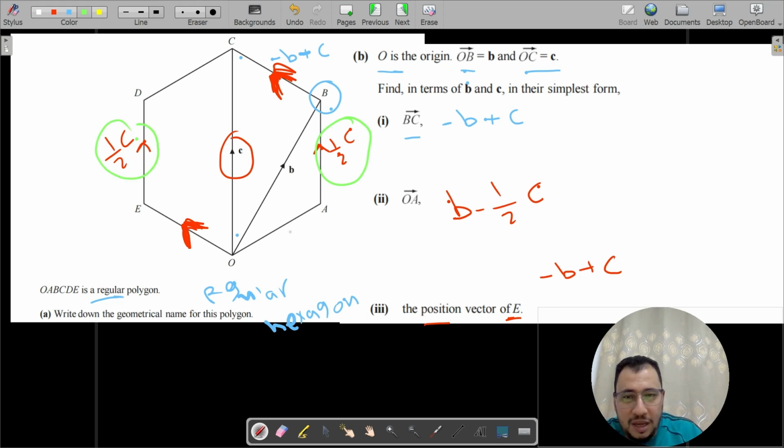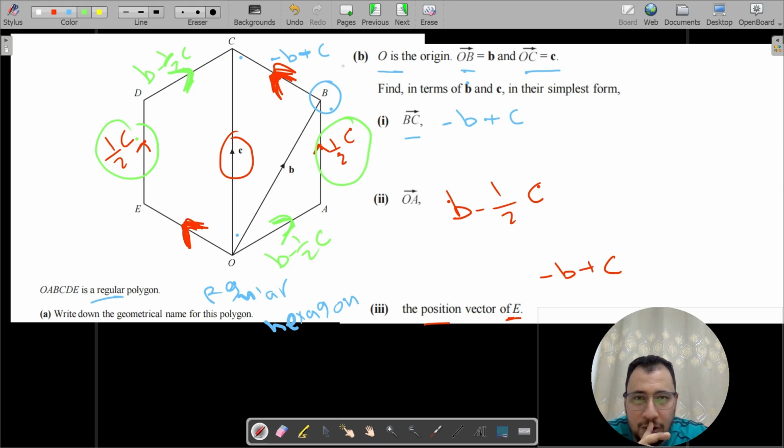And here, OA is the same as DC because they are parallel to each other. We got OA as B minus half C, so the value of DC is also B minus half C. I hope it's understood over here.